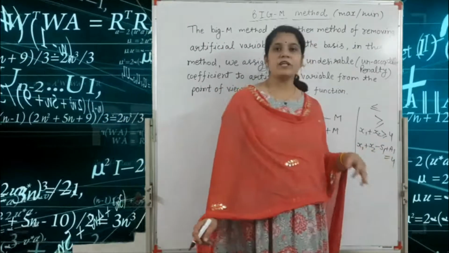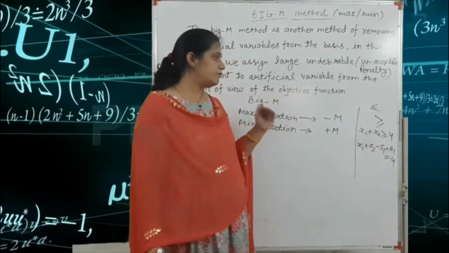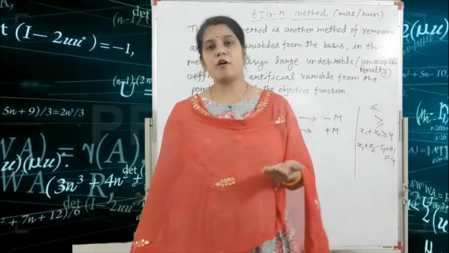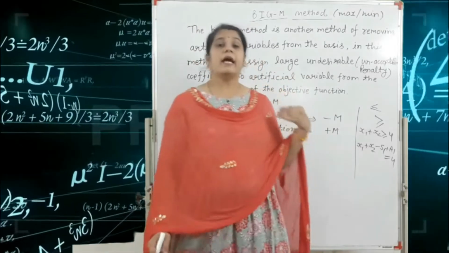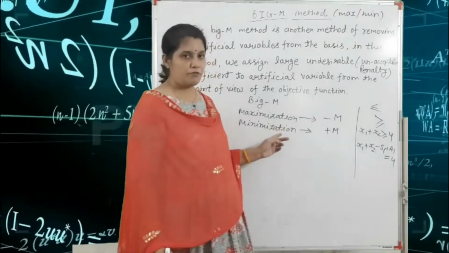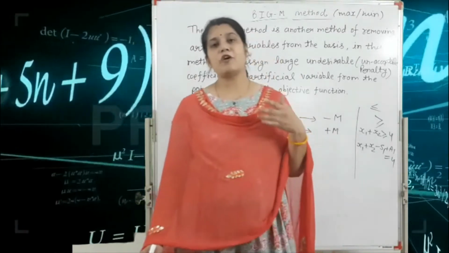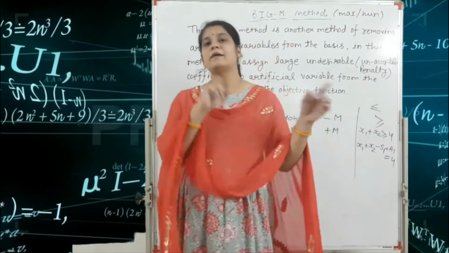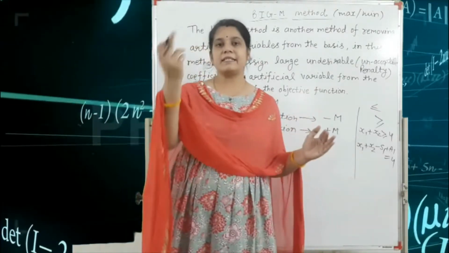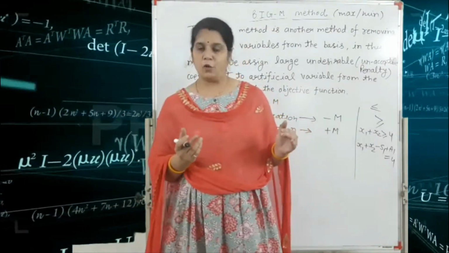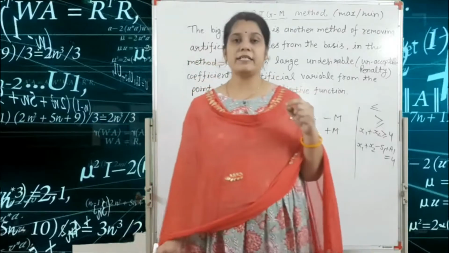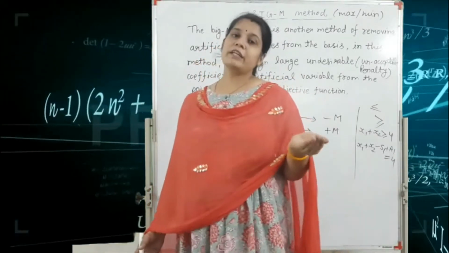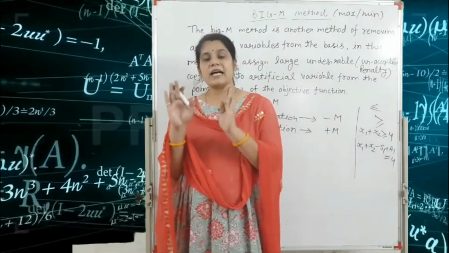The coefficient of A1, if your question is given in maximization format, is minus M, and if your question is given in the minimization format, the coefficient of A is plus M. That means you write just the opposite: maximization minus M, minimization plus M. The second point is that if in your table the artificial variable leaves, in the next table you ignore this artificial variable.